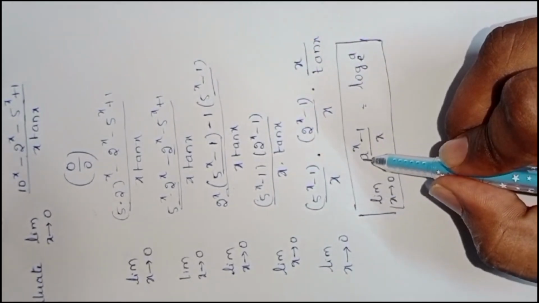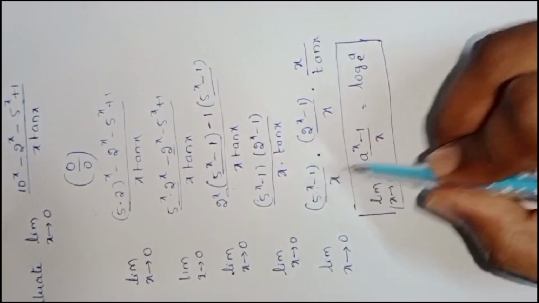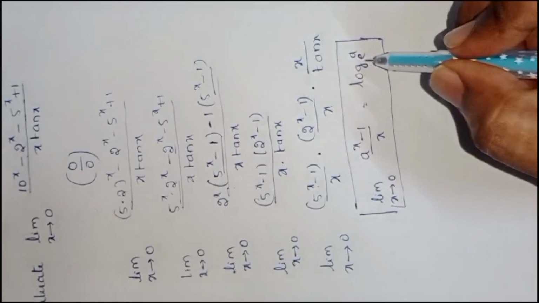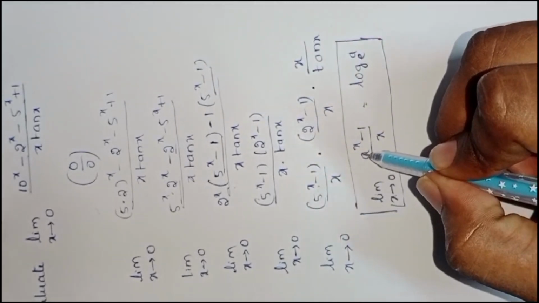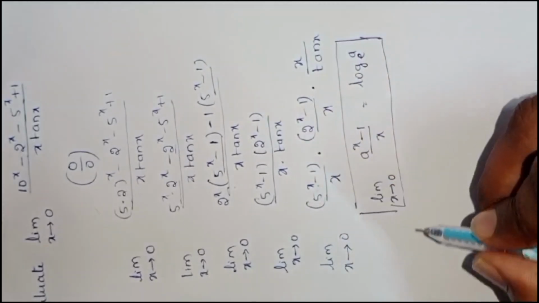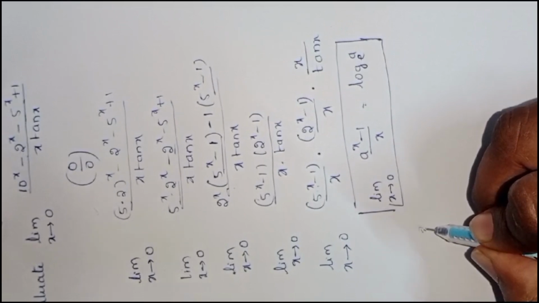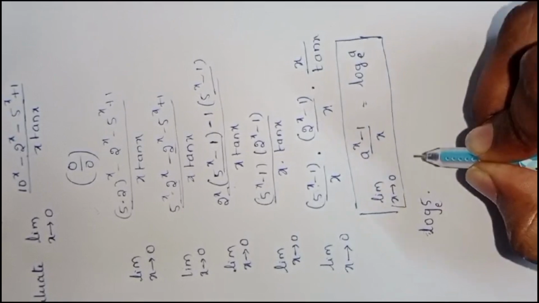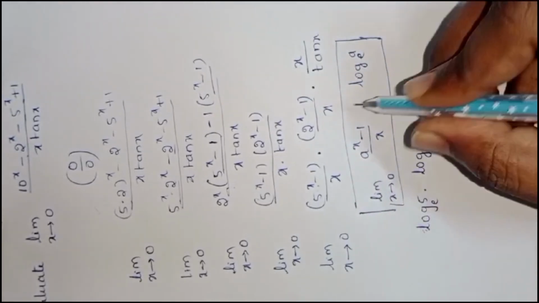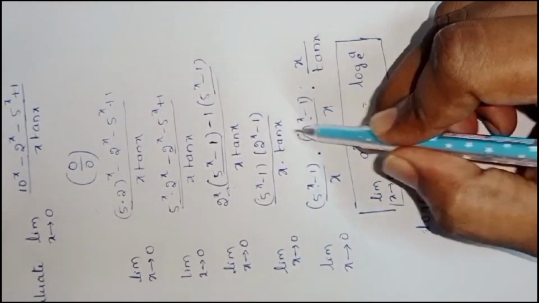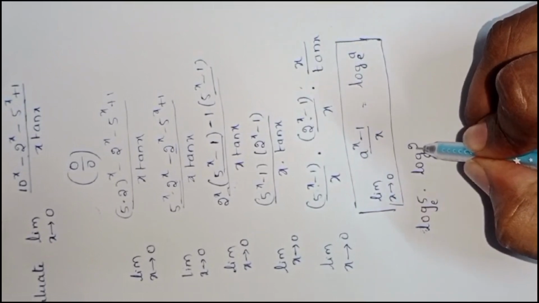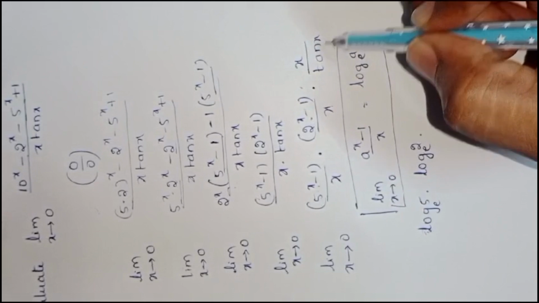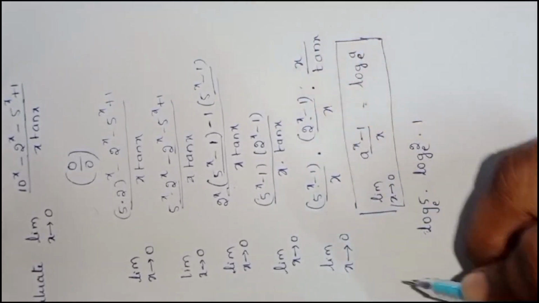Here, for a raised to x, like 5 raised to x, we can write it as log a to the base e. In the place of a there is a 5, so I can directly write log 5 to the base e, into log of 2 to the base e, since this standard form applies here as well. Here x by tan x is also a standard form, so we get 1.